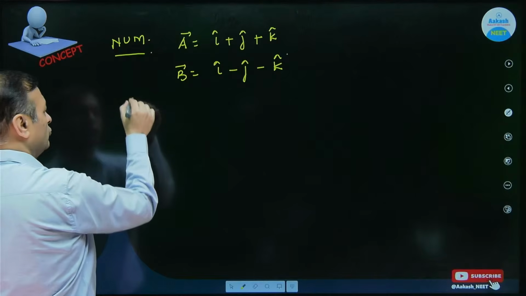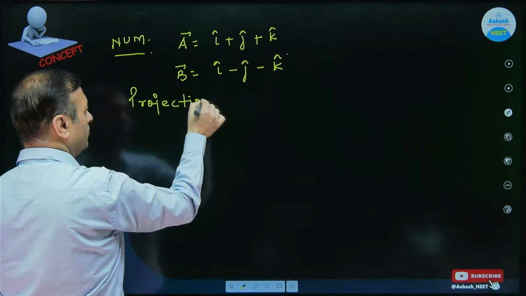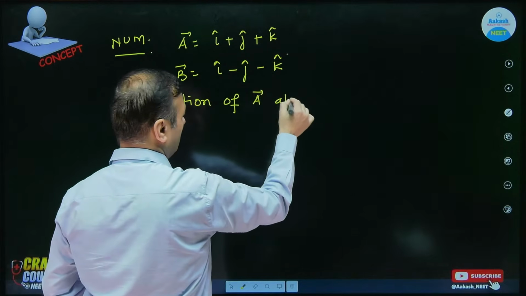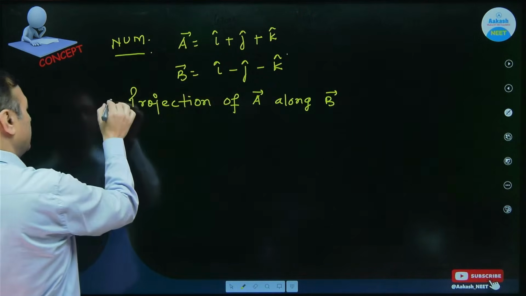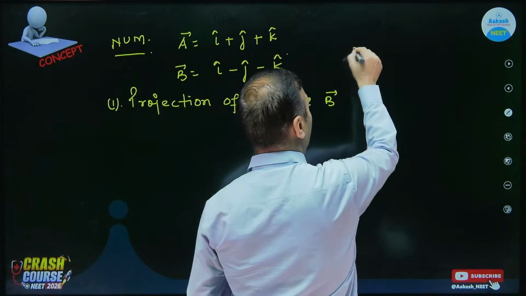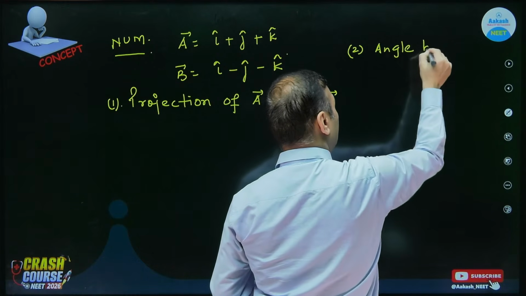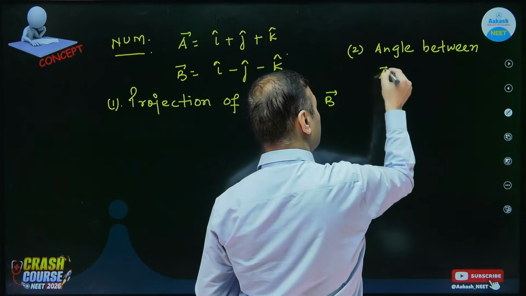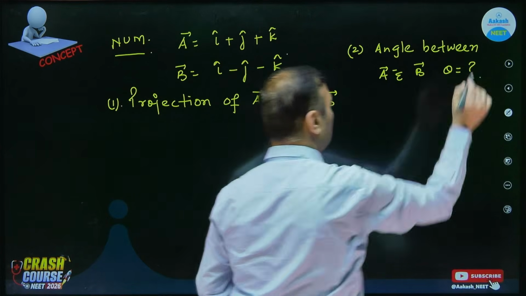So if I ask you to define the projection of vector A along vector B, this is my first part. Or you may be asked the angle between two vectors A and B. So it means here we have to find out the theta.